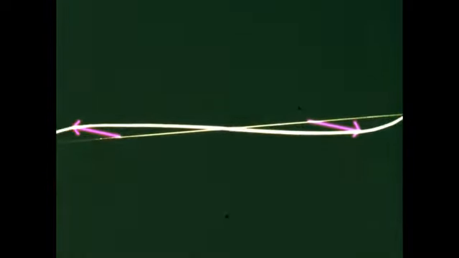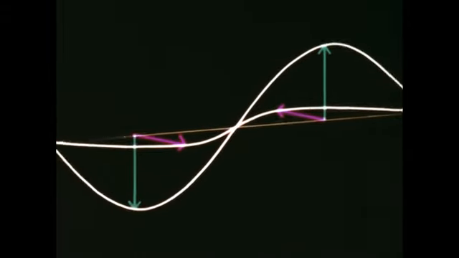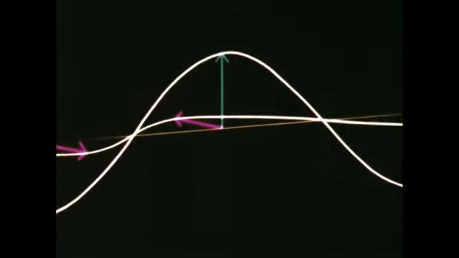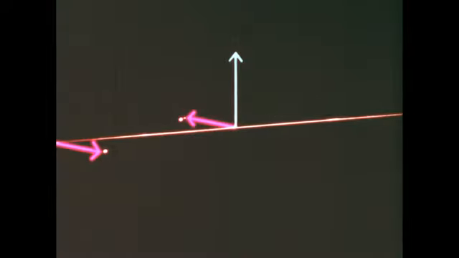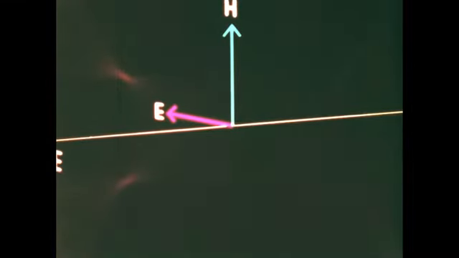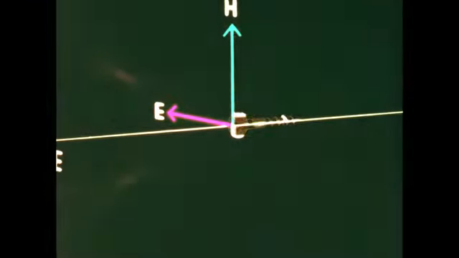The direction in which the E and the H wave pattern propagates is determined by a simple rule. To apply this rule, we use any two vectors. Imagine a corkscrew action. If we turn from the E vector to the H vector by the shortest distance, the screw has advanced in the direction of propagation.